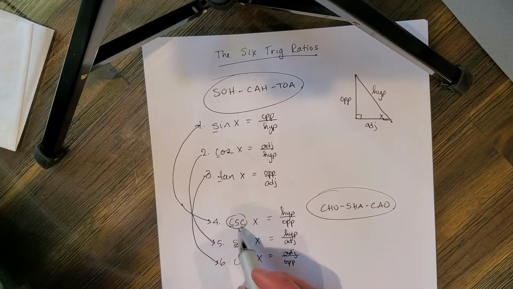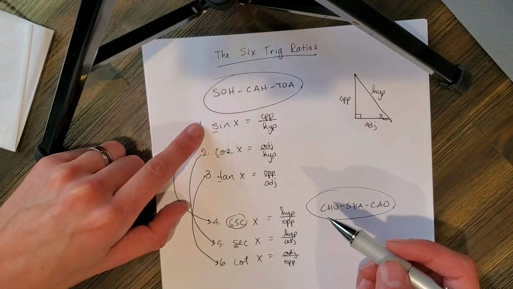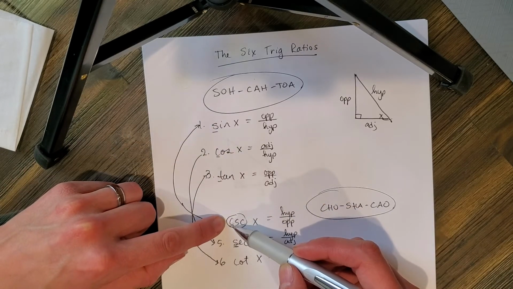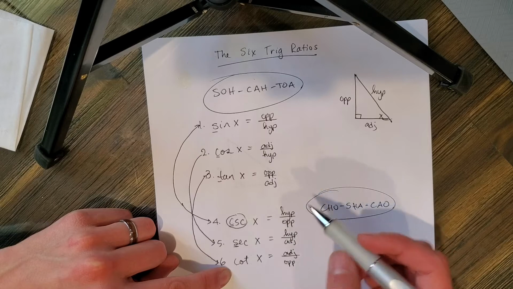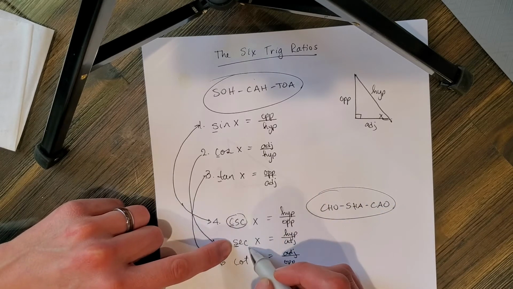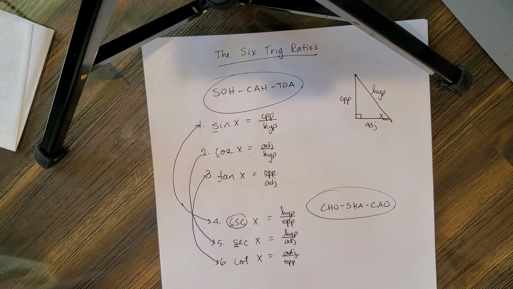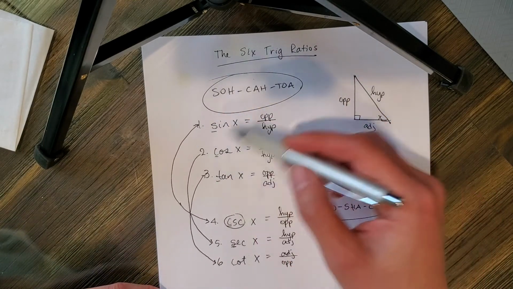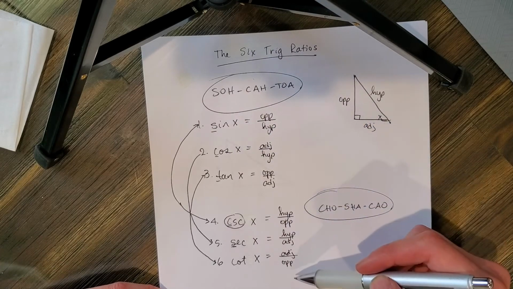The reciprocal of sine is cosecant, the reciprocal of cosine is secant, and the reciprocal of tangent is cotangent.